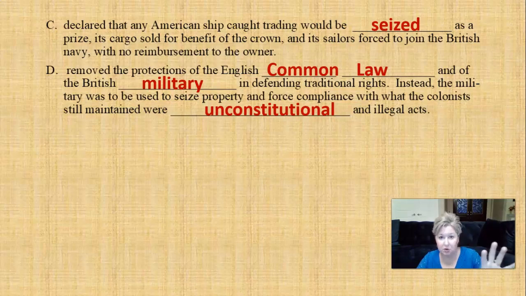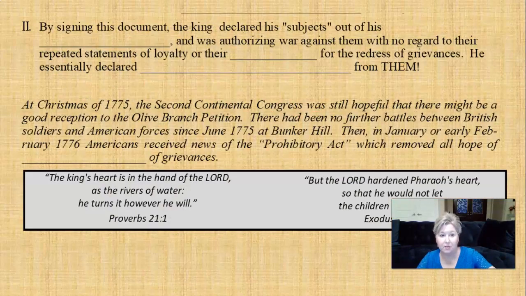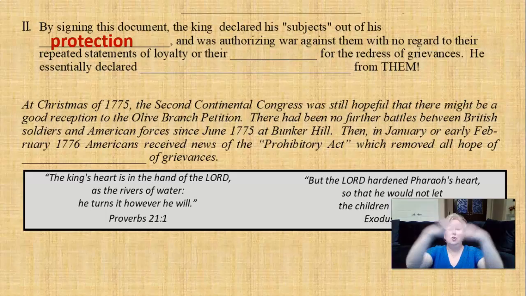But guys, this was huge, declaring them really out of his protection. He's authorizing war on his own people. They have repeatedly stated that they are loyal to the king. They simply are petitioning him for redress of grievances, to come back under the law.